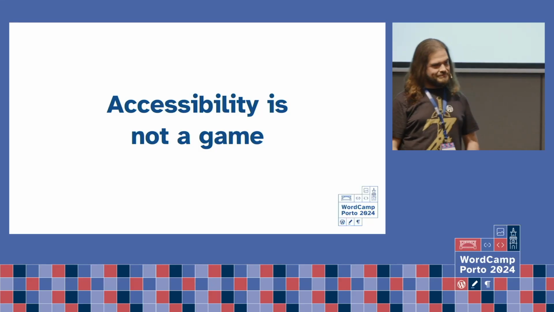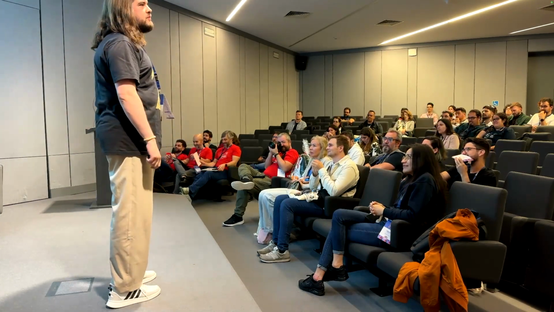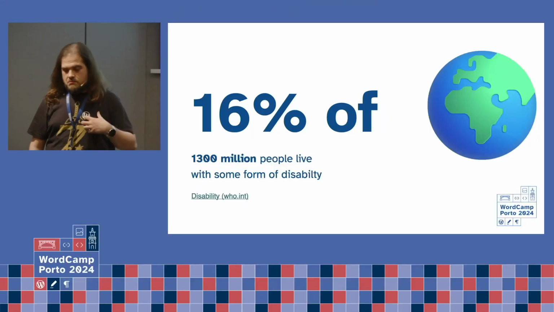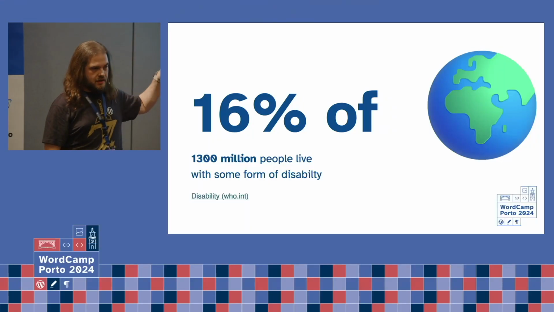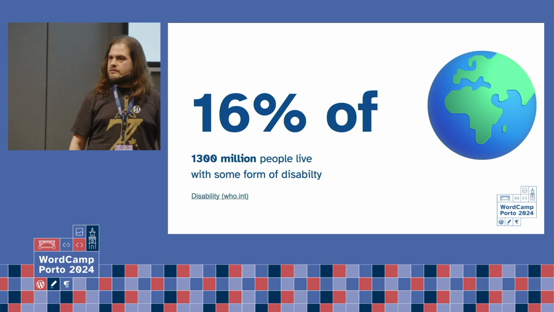The problem is that accessibility is not a game. In the world, 16% of the population lives with some form of disability. And my opinion is that the real number is even higher. What about Portugal?